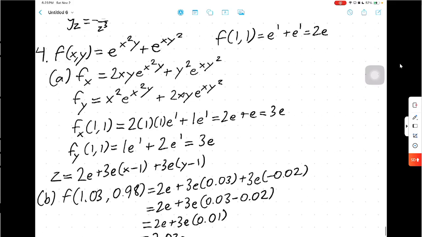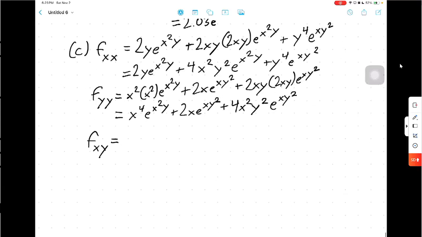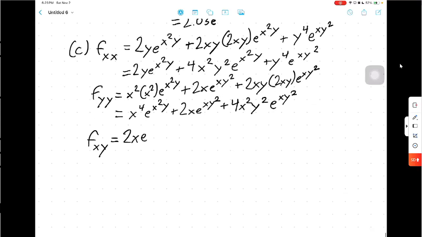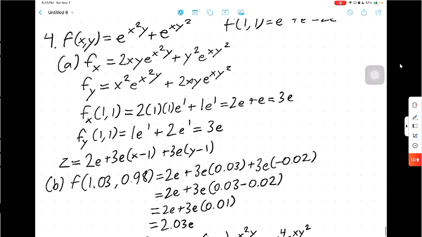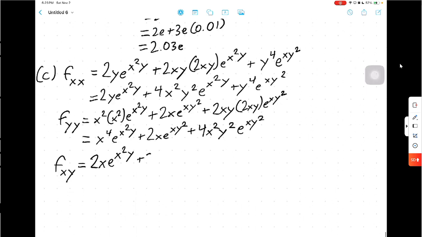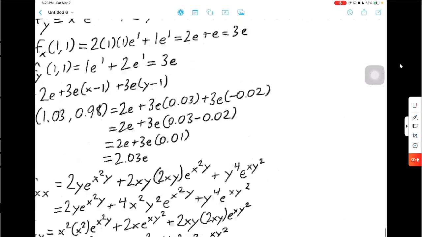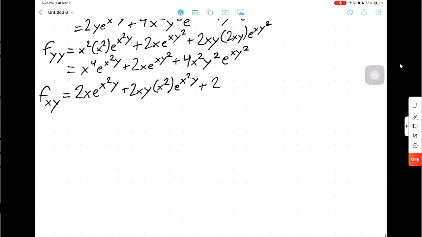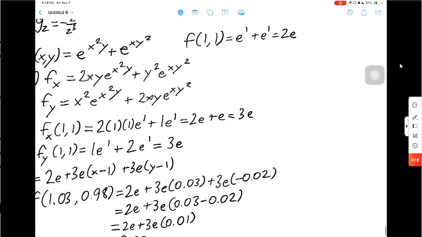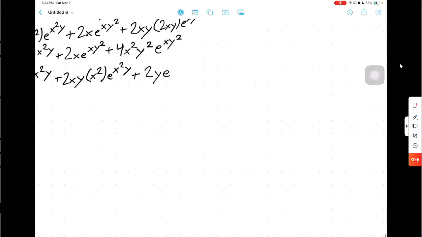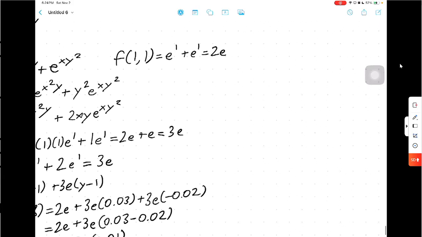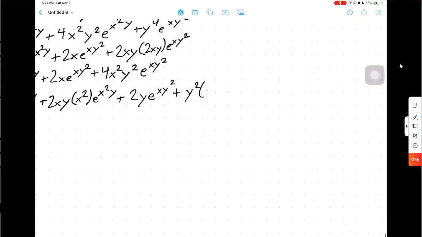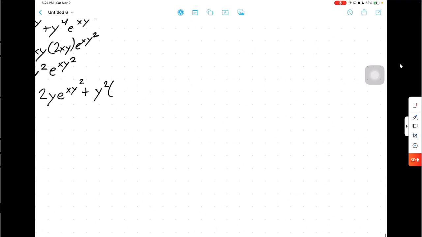Fxy. This has two different product rules. So we have 2x e to the x squared y plus 2xy times, this time we have x squared y plus y squared is going to become 2y, e to the x, this is y squared, plus, and then y squared times, with respect to y, that's going to become a 2xy e to the xy squared.